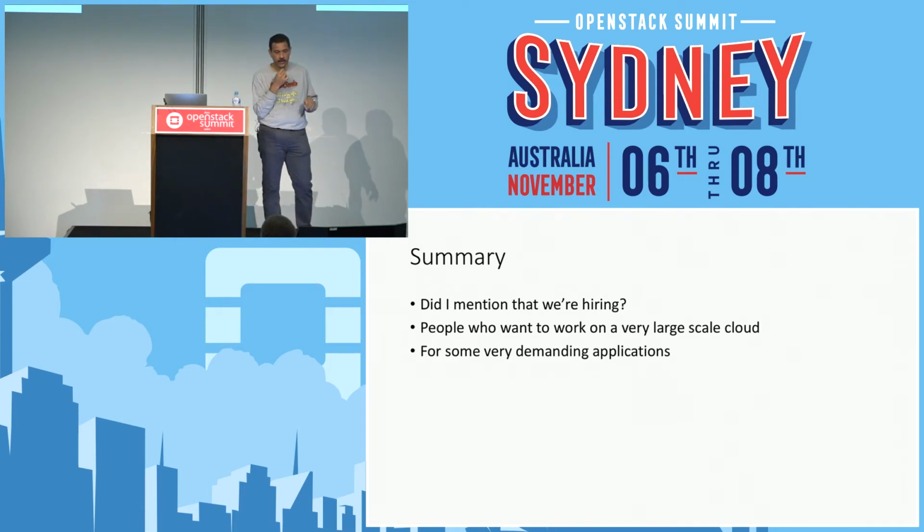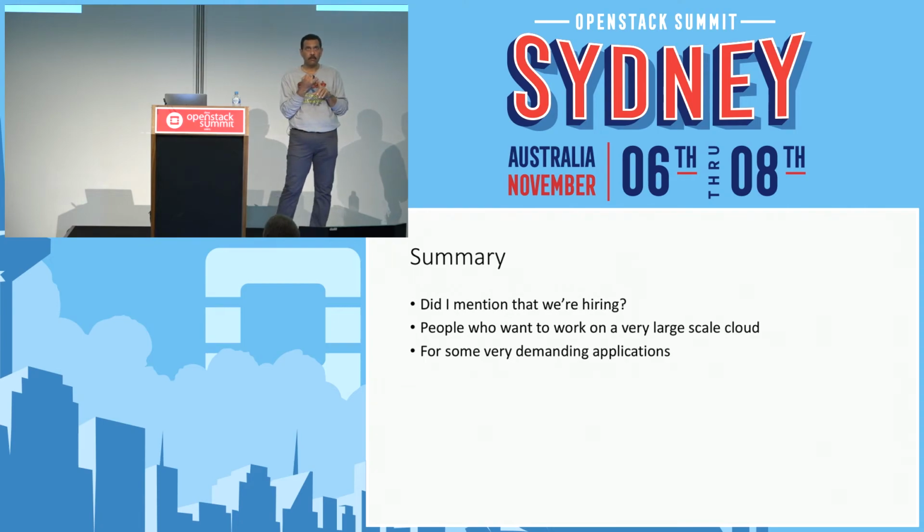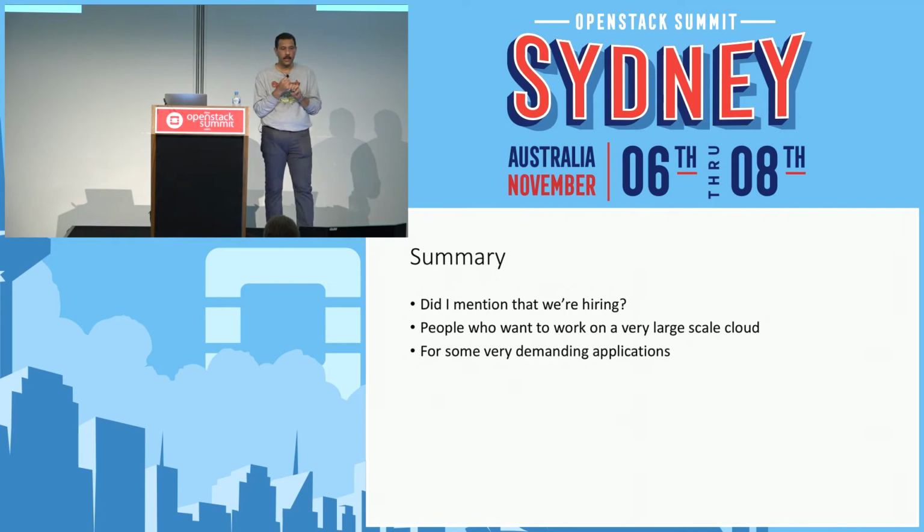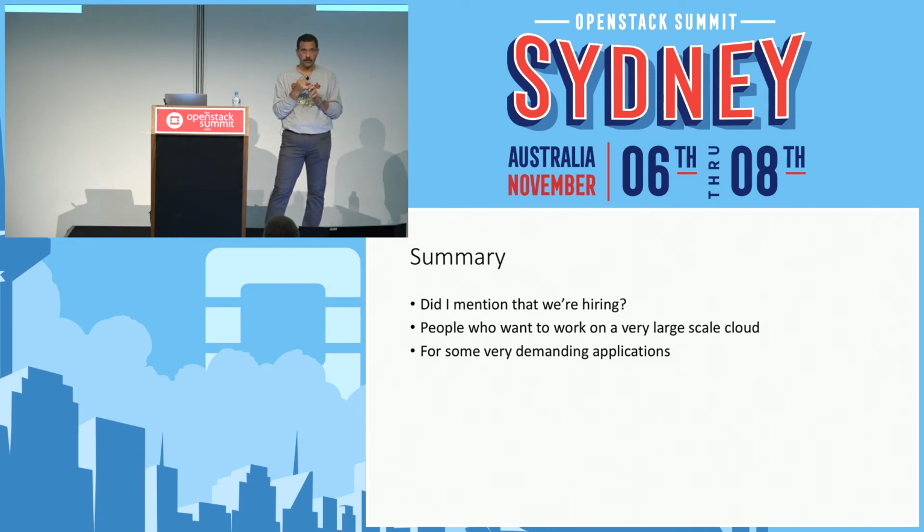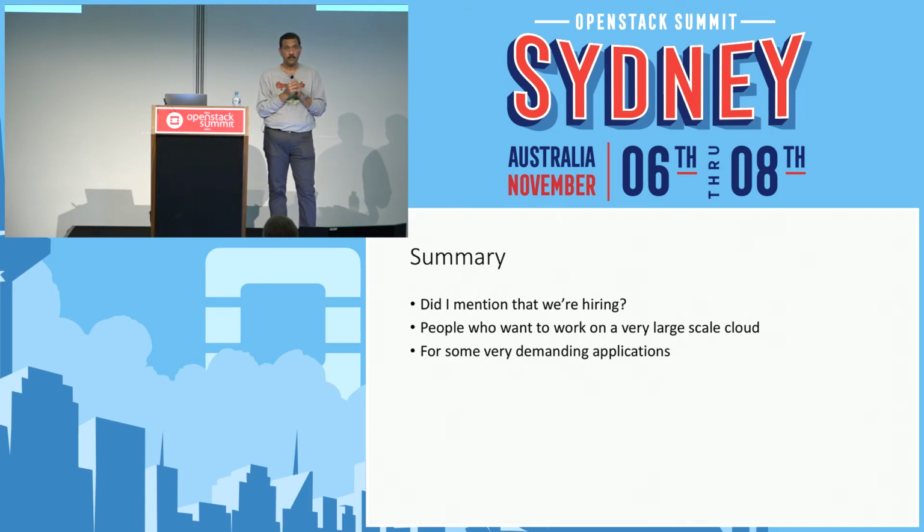We have some parts of our cloud where we allow oversubscription, and where we don't allow oversubscription. There's places where we do CPU pinning. There's places where we do SR-IOV. All of them are different flavors, shall we say. Based on what flavor of VM you decide you want to get, your cost is going to be different.